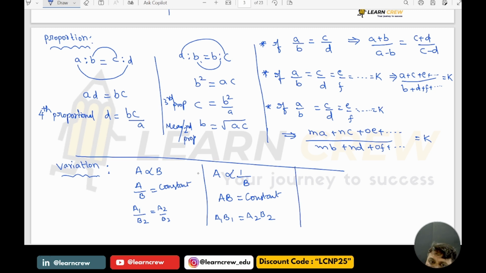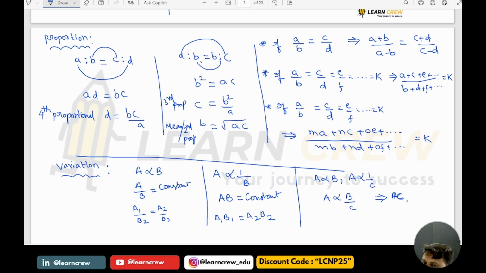Direct variation and inverse variation, and then mixed variation. For example, A is directly proportional to B and A is inversely proportional to C. Then we say A is directly proportional to B by C. From this, what can be said?